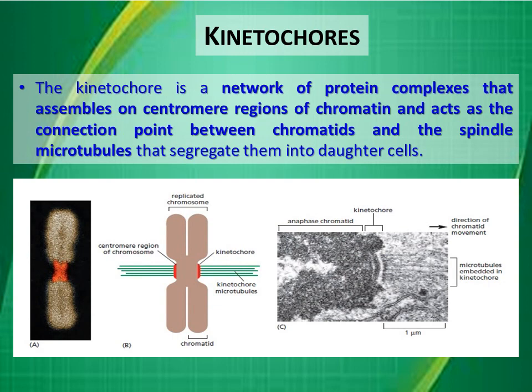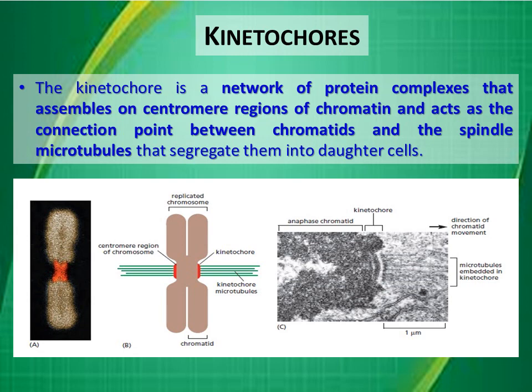Following the assembly of a bipolar microtubule array, the second major step in spindle formation is the attachment of the array to the sister chromatid pairs. Spindle microtubules become attached to each chromatid at its kinetochore, a giant multi-layered protein structure that is built at the centromeric region of the chromatid.